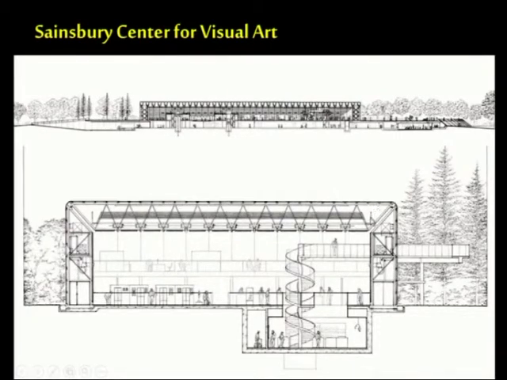You can see all the other services systems running through the middle of these frames, and this grand spiral staircase that goes all the way to the basement, to the newer addition, giving a complete column free and services free space for the visual art center itself.